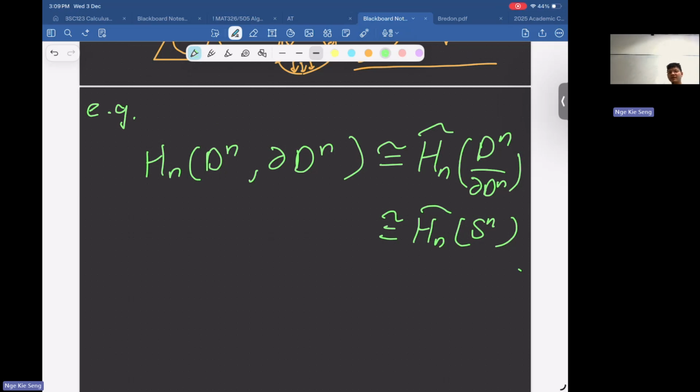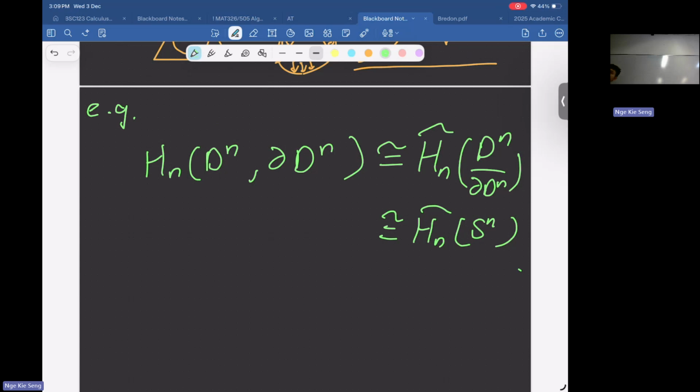Okay. But the problem here is who is the generator? Because we know about H_n of Sn, right? The reduced homology of Sn, H_n of Sn, last time we proved that it's Z. So there's one generator. So who is the infinite cyclic generator?